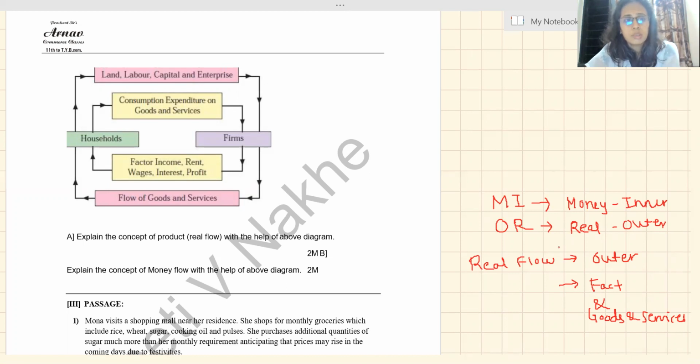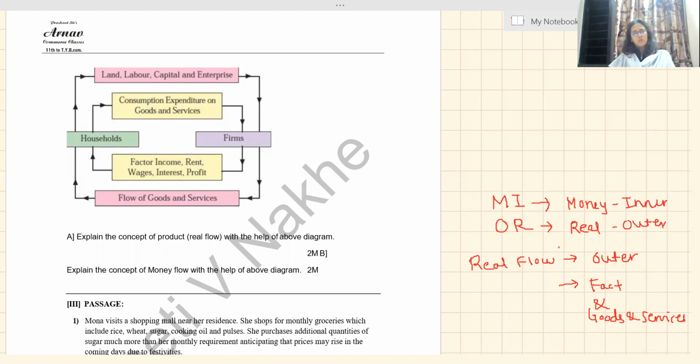Remember students, see the sequence and accordingly write those factor payments. Once the factor payments are received by the household, they use that money to consume goods and services produced by the firms. So in the inner circle, there is a money flow.